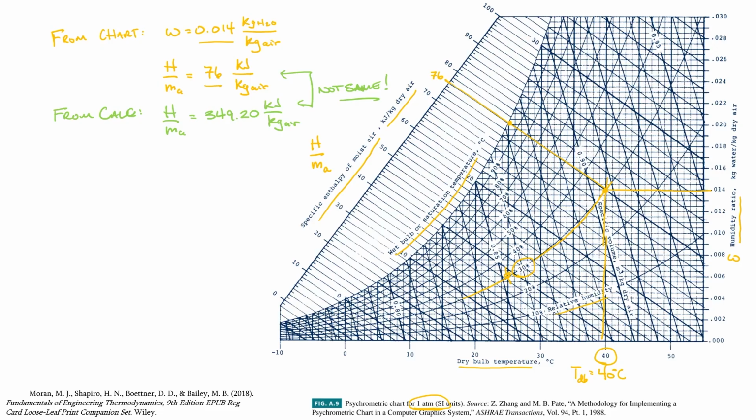So for our chart, you can see that specific enthalpy is 0 at 0 degrees Celsius with no water.